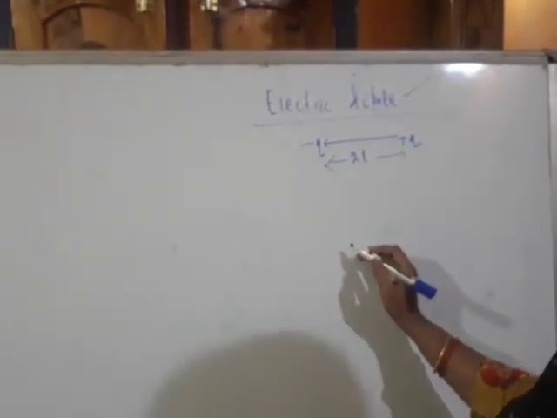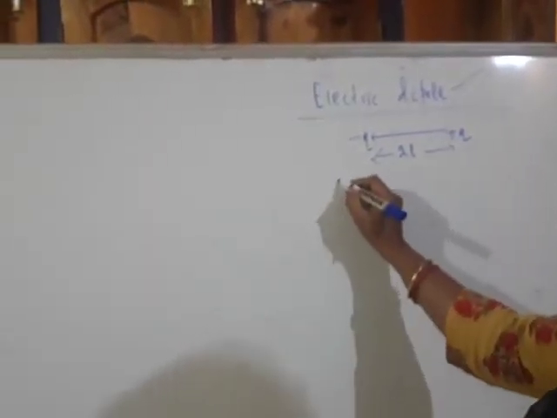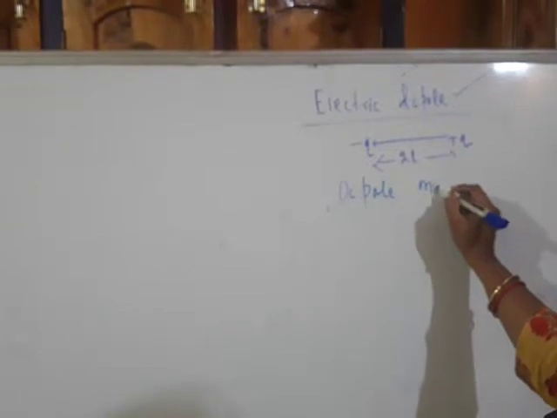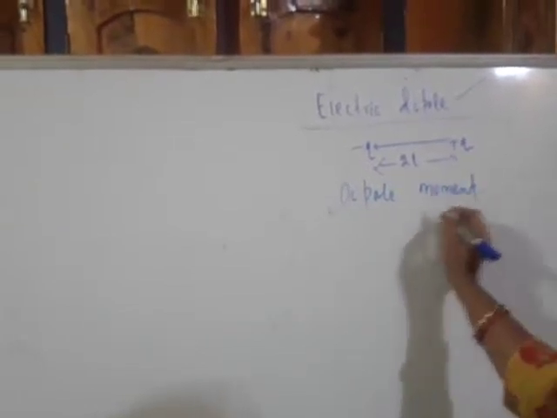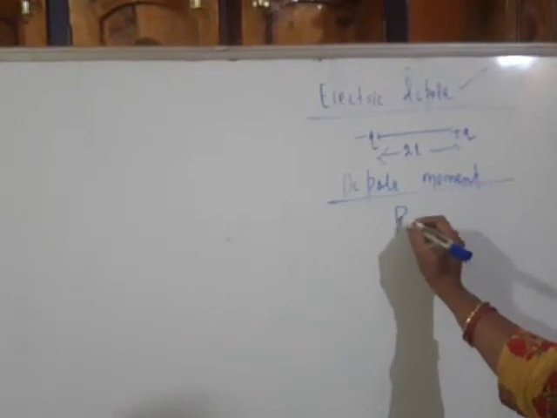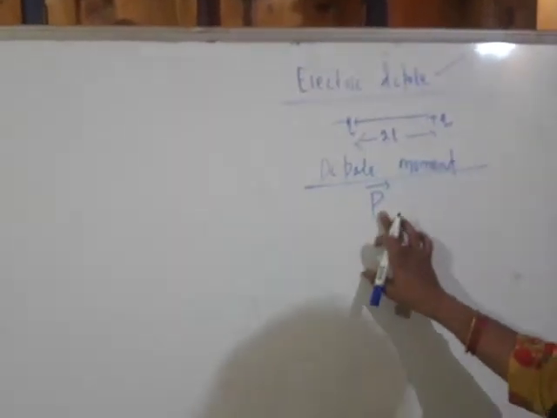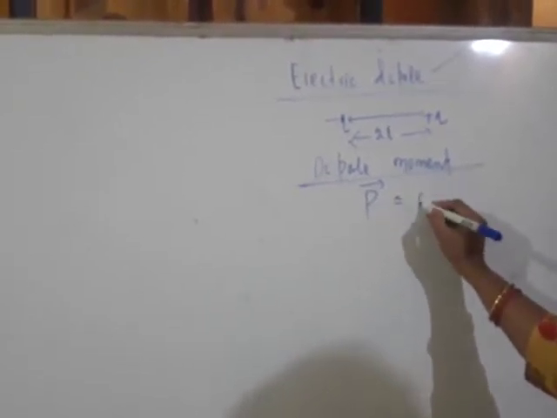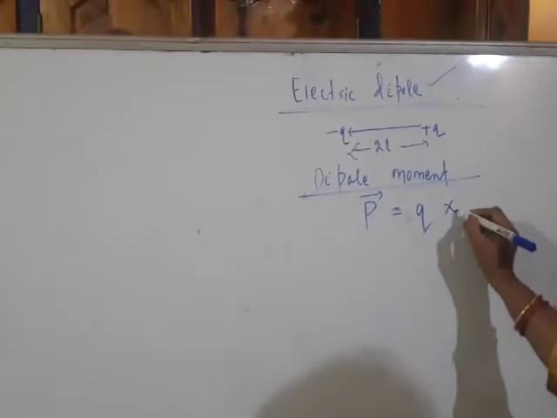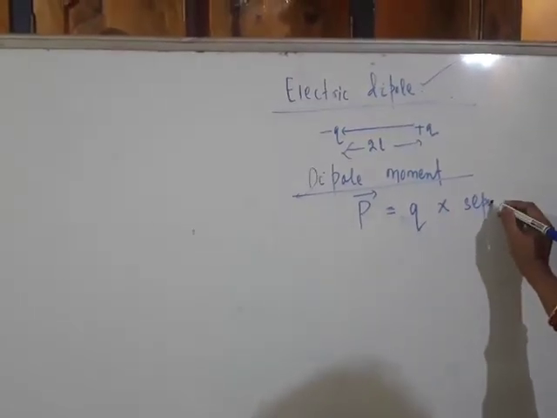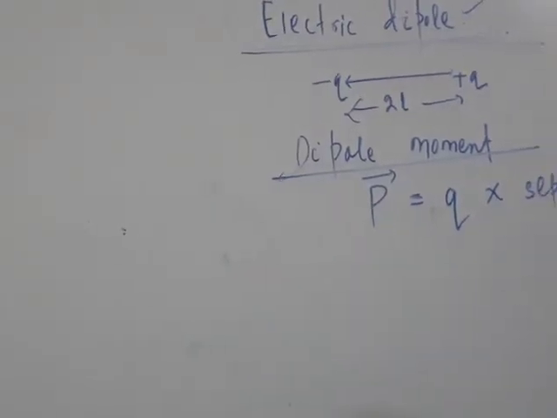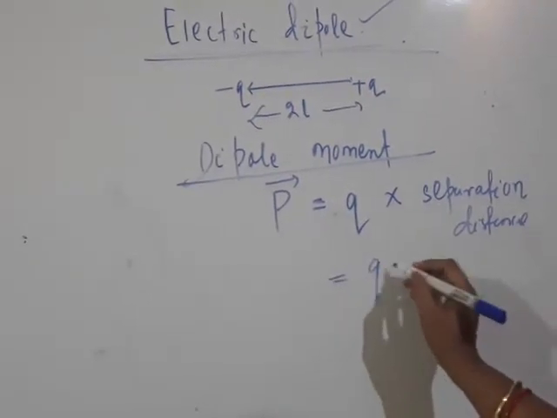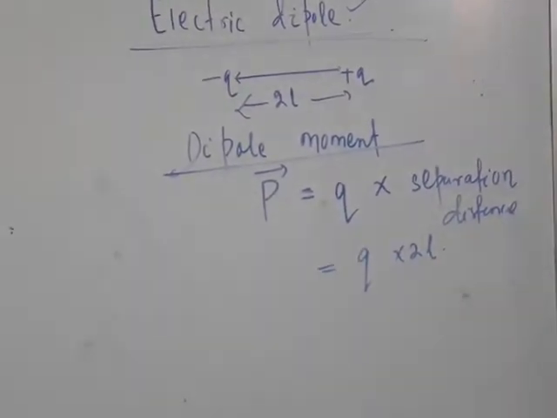In an electric dipole, we have to calculate the dipole moment. Dipole moment is mathematically written by the symbol P, and it is defined as the product of either the charge into the separation distance, or we can write q into 2l.